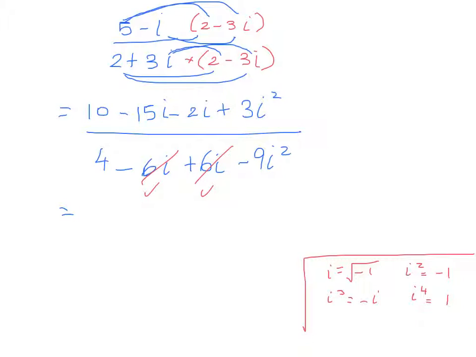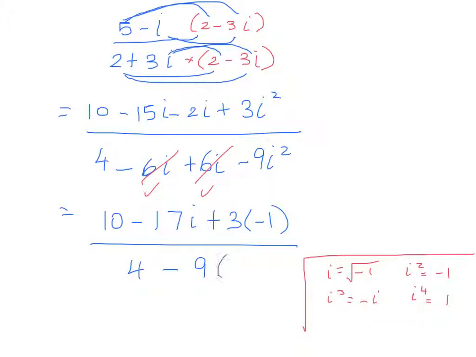So we have at the top 10, and now like terms, -15i minus 2i gives us -17i, plus 3 times i squared, which is actually just -1, so I put that there, over 4 minus 9 times -1. Alright, we are getting somewhere.